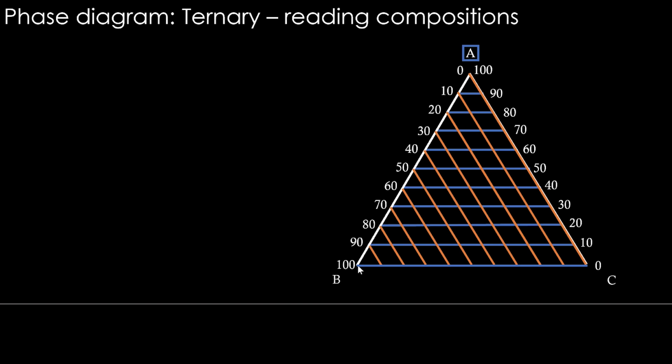If you notice one more interesting fact, the 0% A blue line is the longest here, the 10% A line is shorter than that, the 20% A line is even shorter than that, and so on. Similarly for this orange line, as the length of the line decreases, the content of B increases. That is one observation, and this is B content.